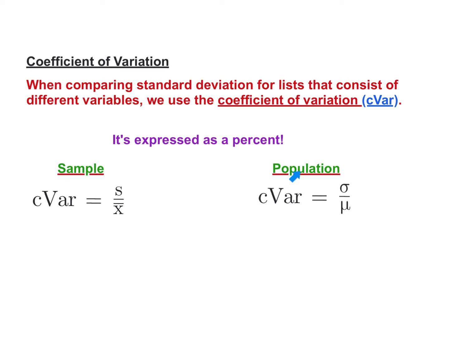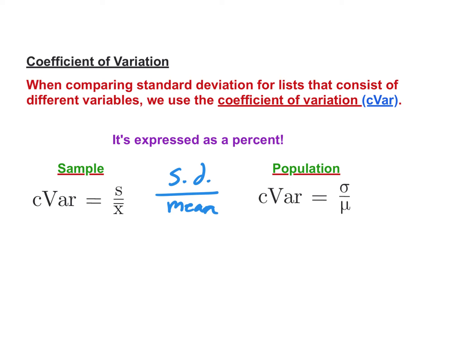The coefficient of variation for population is lowercase sigma, which is standard deviation for population, and lowercase mu, which is mean for population. Long story short here, the coefficient of variation is the standard deviation over the mean, regardless of whether you're talking about a sample or a population. The idea, what you actually do, is the same. Standard deviation divided by mean.